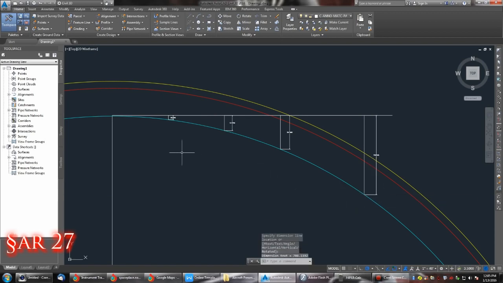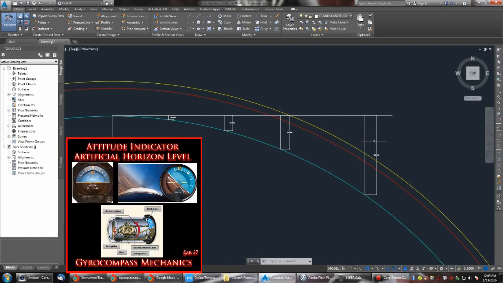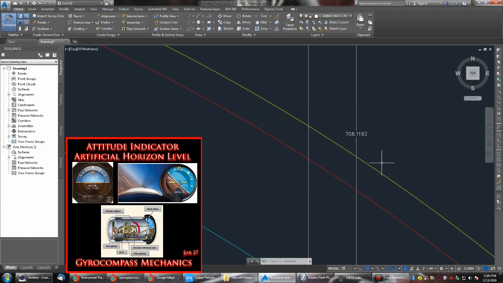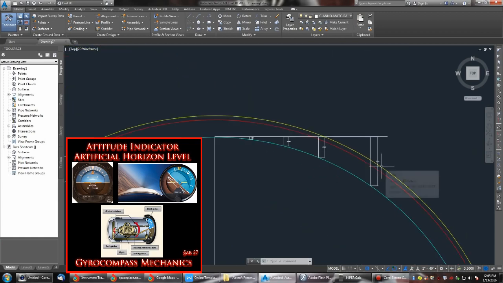Now you can see after the 1 hour, 2 hour, 3 hour, 4 hour trip, it's going to be about 708 miles drop of curvature that the plane would have to be nosediving down to compensate for, because if the plane flew in a straight line, keeping level like they do with the gyroscope, with the artificial horizon, the attitude meter, if they do not curve down, they will go straight into space.